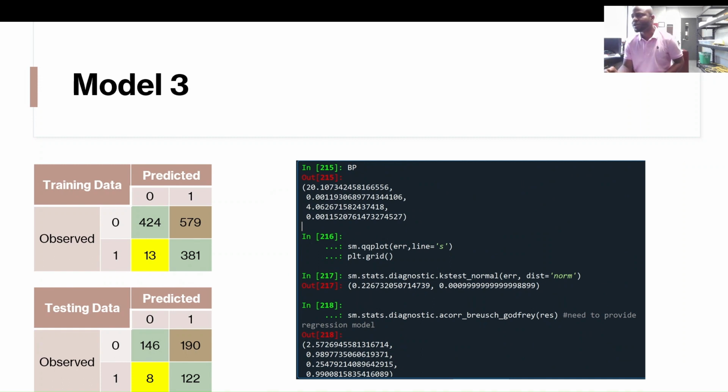So the model shows for the training data that the true positive values were good, and the true negative values also were high. The aim of using the guidance of multicollinearity again is to limit or minimize the false negative values as much as possible.